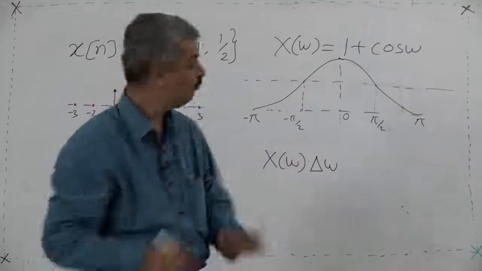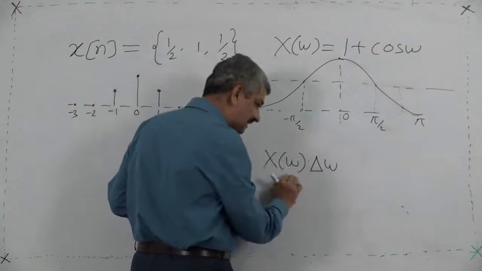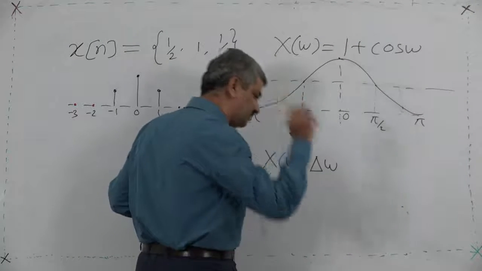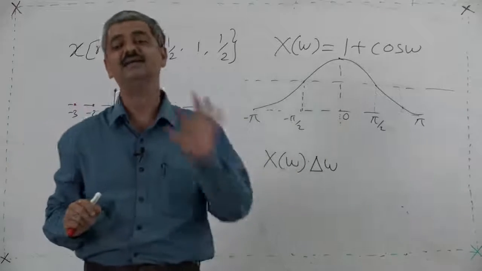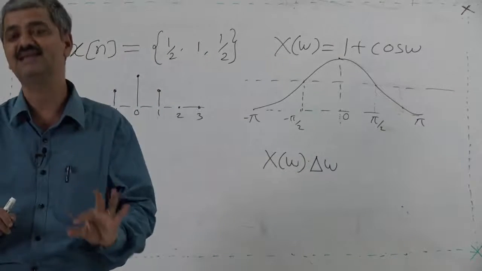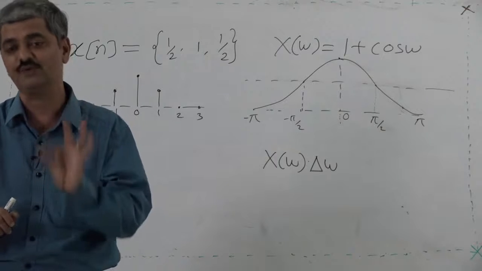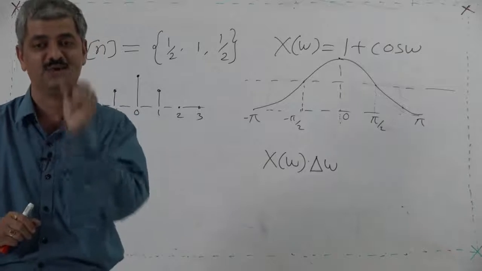So, what is X(omega) delta omega? This product with delta omega tending to 0, infinitesimally small, this X(omega) delta omega is nothing but the starting position at n equal to 0 of the rotating point of the subcomponent of frequency omega.